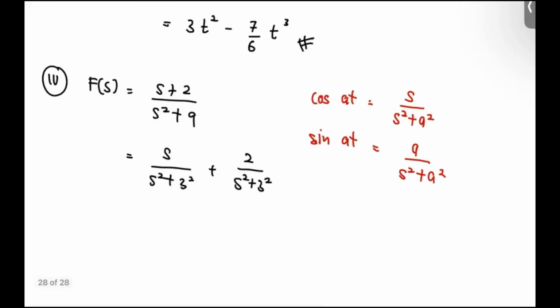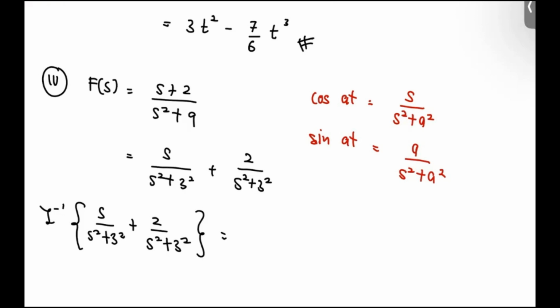Right, so now by using this information, here I can write as s over s squared plus 3 squared, plus 2 over s squared plus 3 squared. So now let's break down one by one.